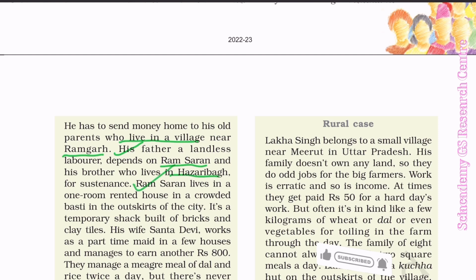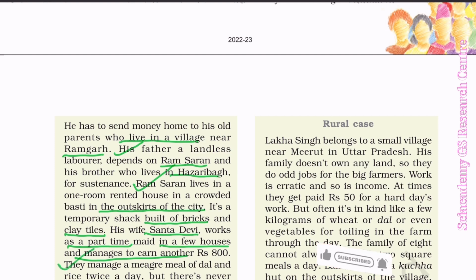Ram Saran lives in a one-room rented house in a crowded basti in the outskirts of the city. It's a temporary shack built of bricks and clay tiles. His wife Santa Devi works as a part-time maid in a few houses and manages to earn another rupees 800.